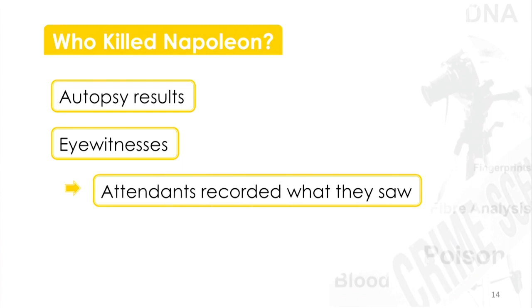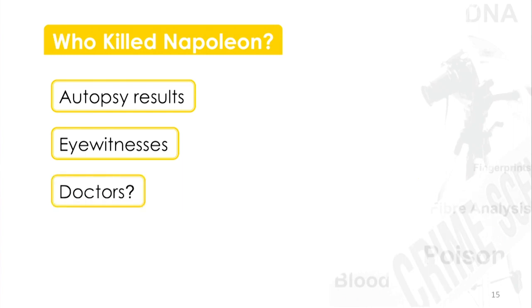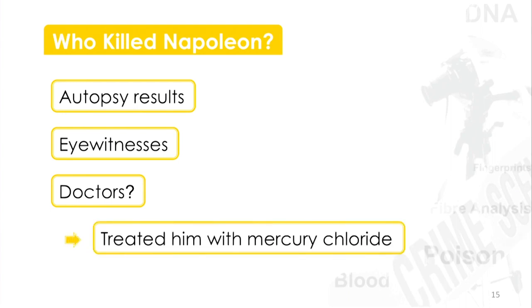So who killed Napoleon? Well, it was probably stomach cancer, but his doctors certainly didn't help, because one of the standard drugs given in those days was the extremely poisonous compound mercury chloride. So we can't say that his doctors murdered him, but they certainly didn't do him any favors with the way they were treating him.